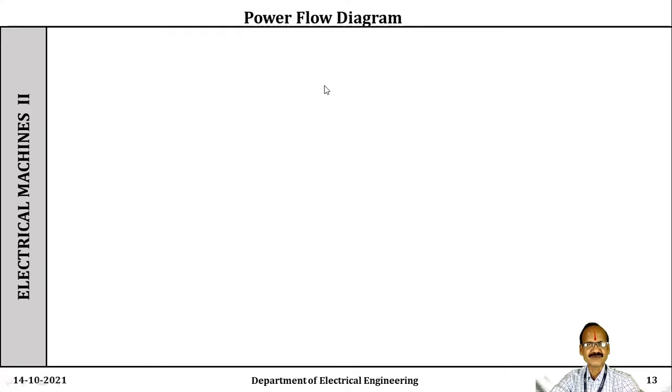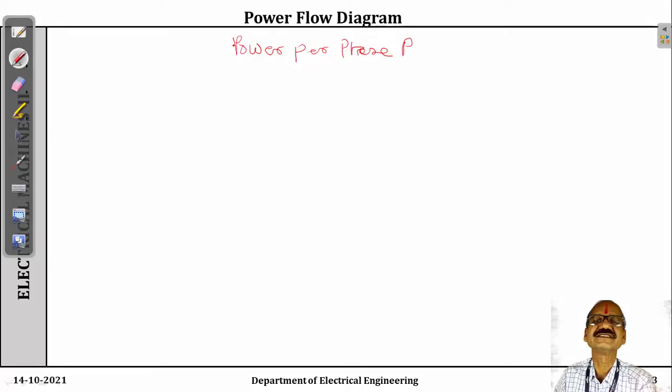Now here it is the power flow diagram. Power per phase, P_in equal to V_ph I_A cos φ. This is per phase power.